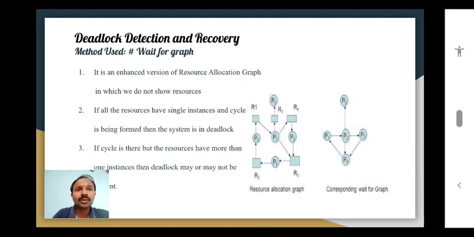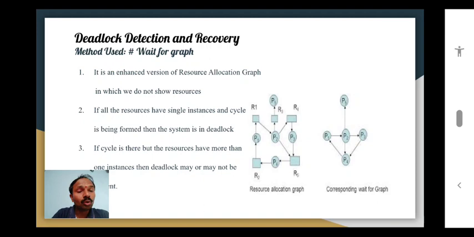Now what is the wait for graph method? See, in the resource allocation graph, if we eliminate the resources R1, R2, R3, R4, R5, the diagram beside can be easily observed. What is there in the diagram? P1 is connected with P2, P2 is connected with P5, P2 is also connected with P3, P3 is connected with P4, and P4 is connected with P1.